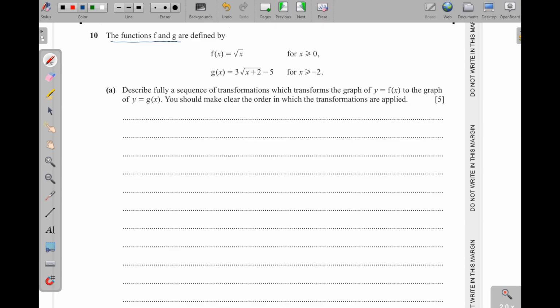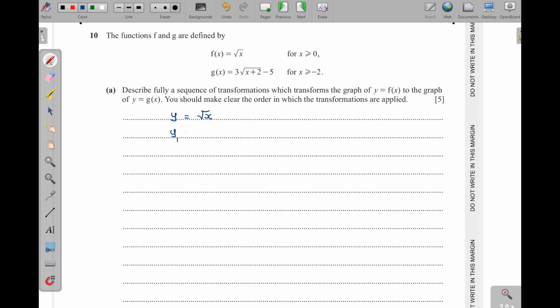The functions f and g are defined by whatever is here. And they are saying part A, describe fully a sequence of transformations which transforms the graph of y is equal to f of x to the graph of y is equal to g of x. You should make clear the order in which the transformations are applied. Now, let's say my y1, my y is equal to root of x, that is the f of x here.